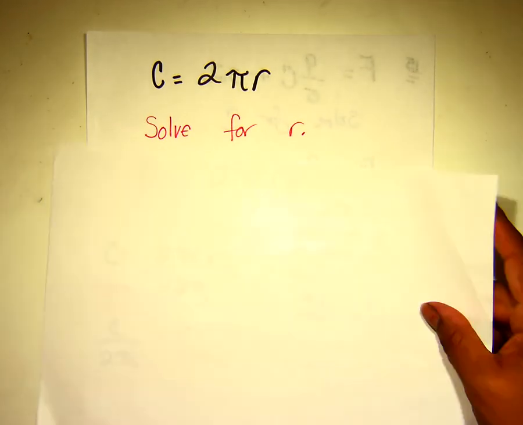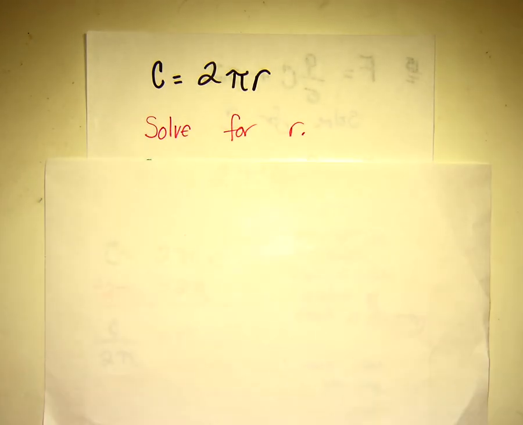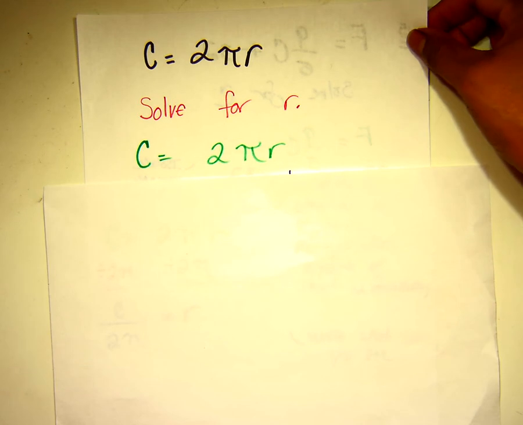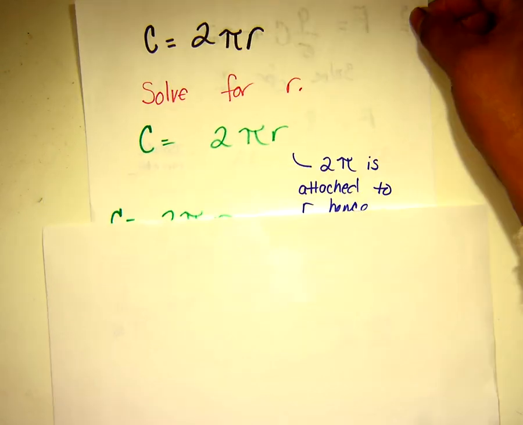Another example that we tried to do in class was pertaining to this right here. Though we don't have numbers given to us, it is asking us to solve in terms of R. So we have a variable and symbols and no numbers. So let's figure out how to solve for R. Given to you, you have the equation C equals 2 pi R. That's the circumference of a circle.